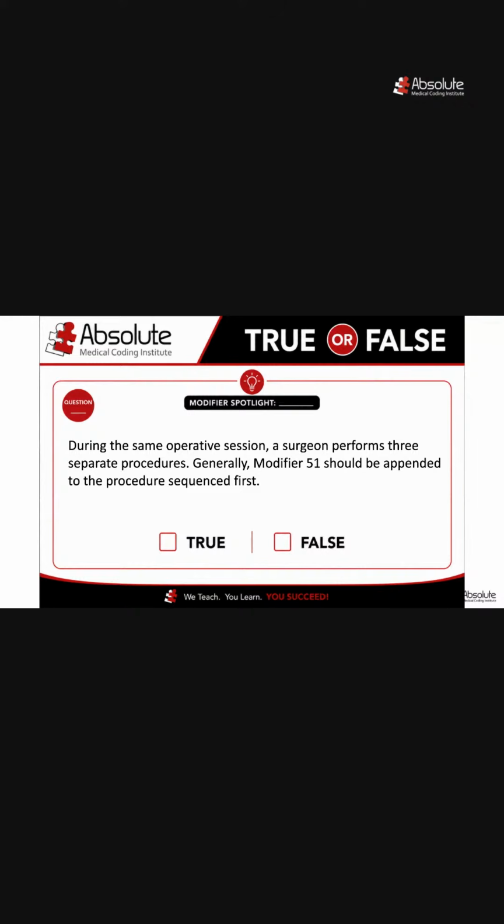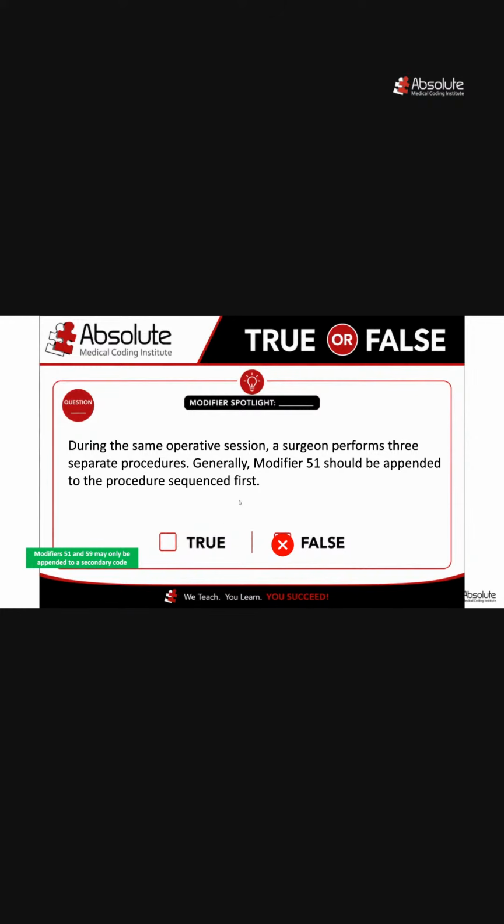Okay, and the answer is false. Remember, modifiers 51 and 59 may only be appended to a secondary code, secondary or tertiary.